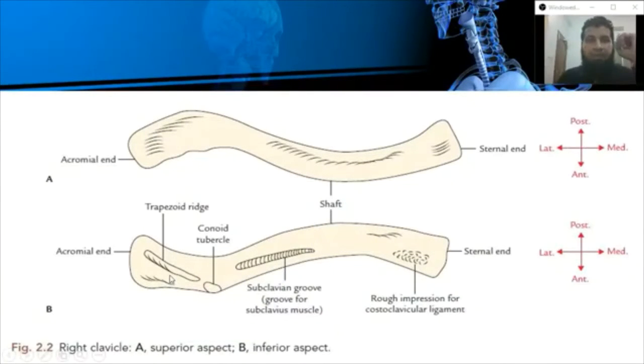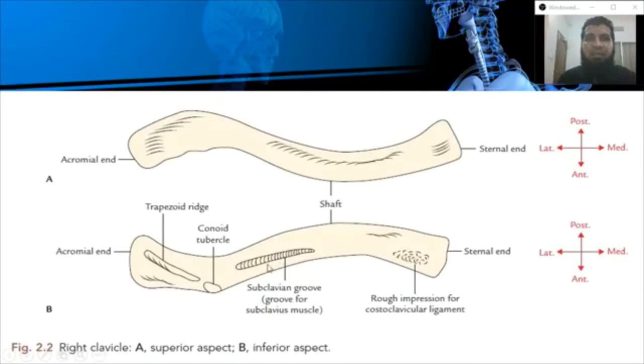If the connection is lost, please let me know in the comment section. You will be asked about the attachment of the trapezoid ridge and conoid tubercle. The attachment is the coracoclavicular ligament, and if the coracoclavicular ligament is torn, what will occur? There will be no transmission of weight from the upper limb to the trunk.